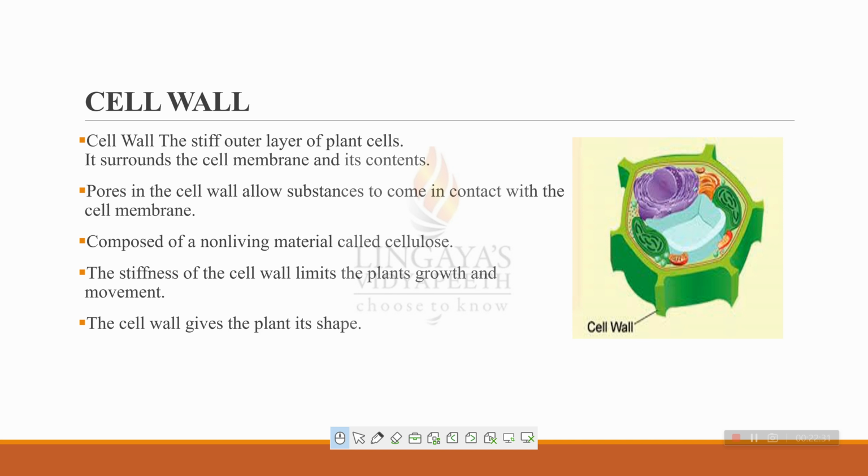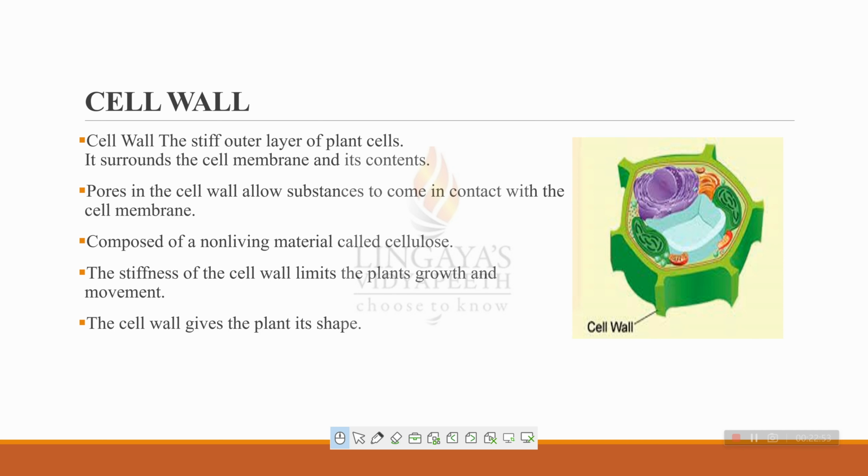It is composed of a non-living material called cellulose. The pores in the cell wall make it semi-permeable, so that it allows only certain substances to enter the cell and only certain toxic substances to exit.